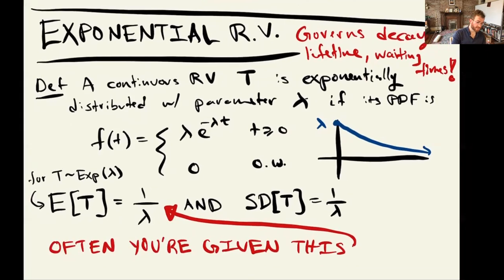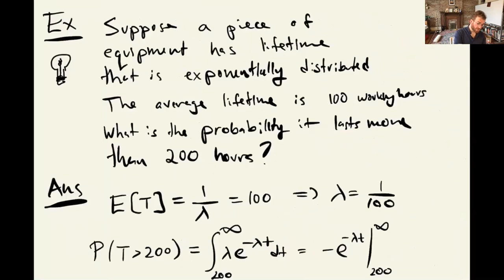Let me show you an example where this occurs. So suppose a piece of equipment, and we can think of this as like a light bulb, for example, has a lifetime that's exponentially distributed. And moreover, we're told that the average lifetime is 100 working hours, or let's say 100 hours on. Old incandescent bulbs, this was actually not an unreasonable assumption.